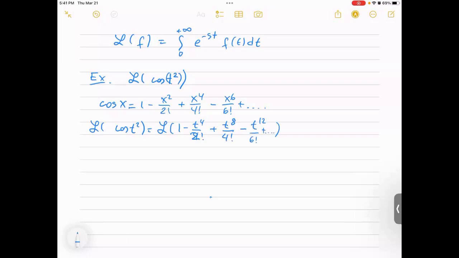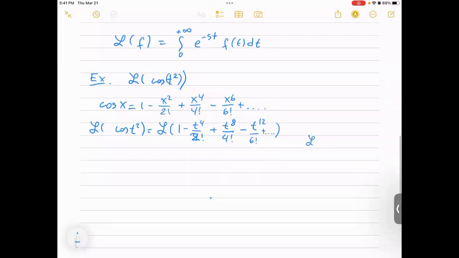To calculate that expression, we need to recall that the Laplace transform of t to the n equals n factorial divided by s to the n plus 1.